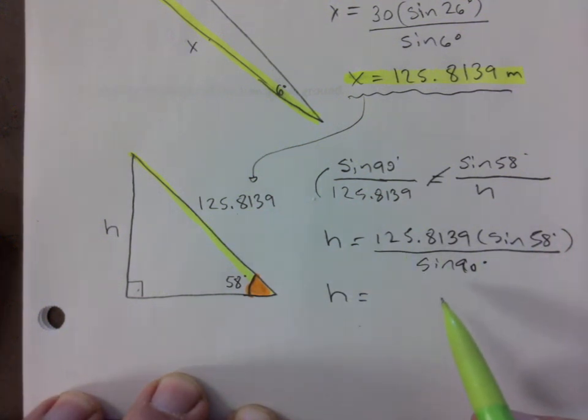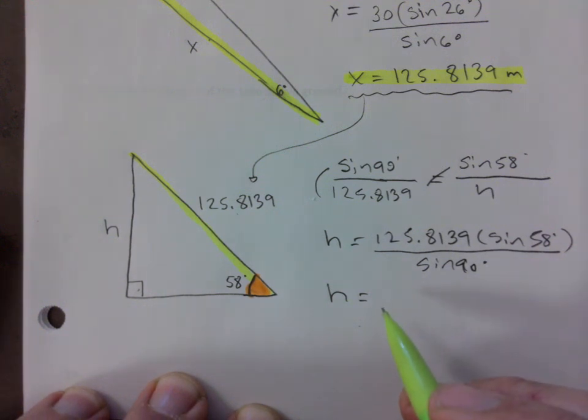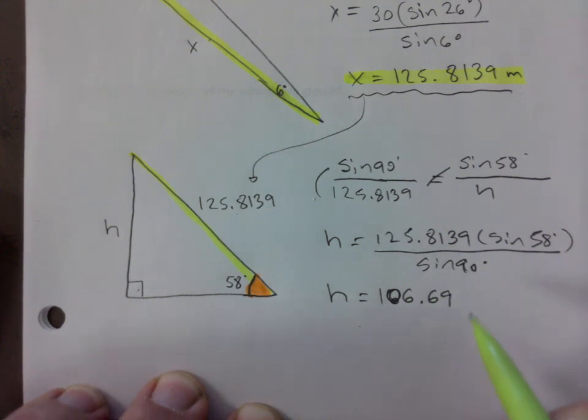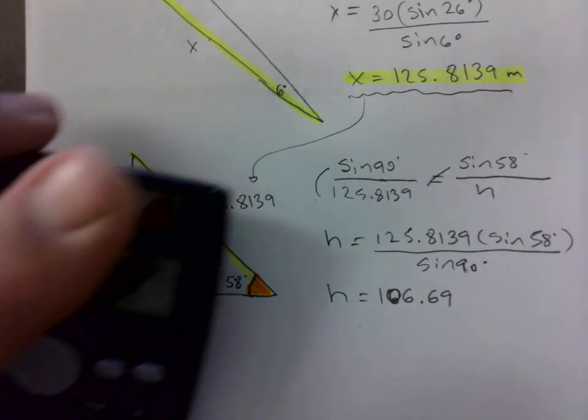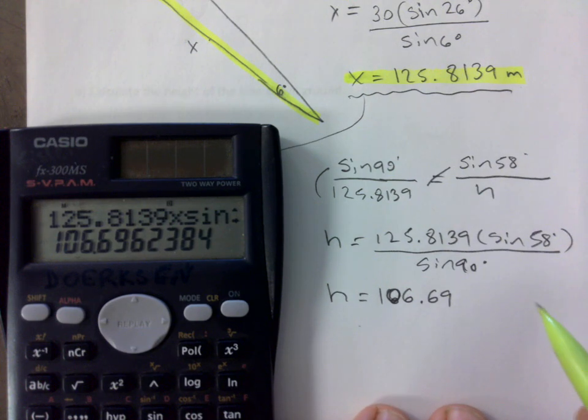You cross multiply and divide, you get 106.69. Let me just do this again. Here you go. 106.6962.